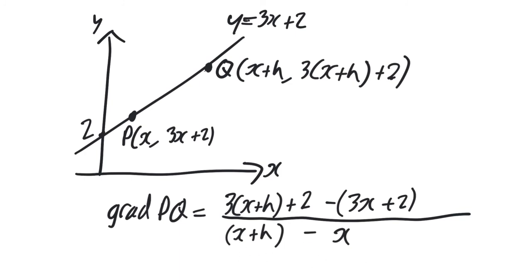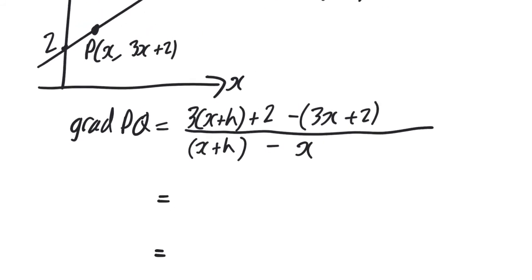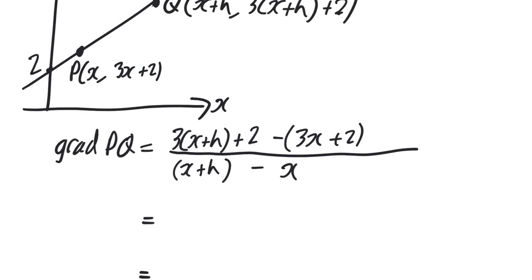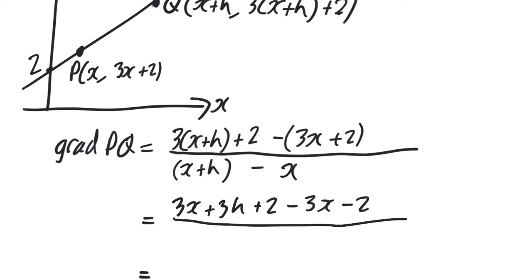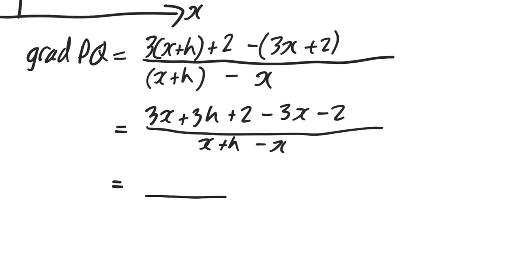So if you were to multiply out the top line and tidy up, it'll take a couple of lines. 3x plus 3h plus 2 minus 3x minus 2, and your bottom line is just x plus h minus x. Let's write that out and tidy that up and see what we get.